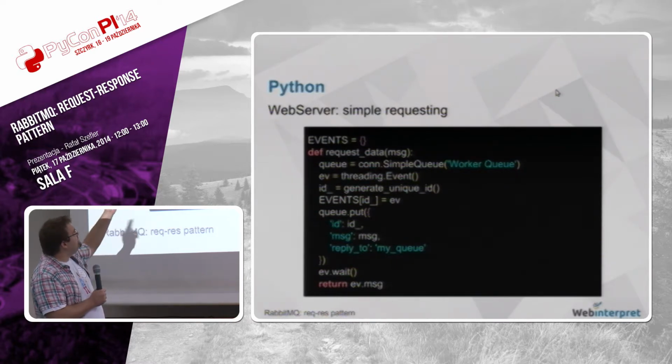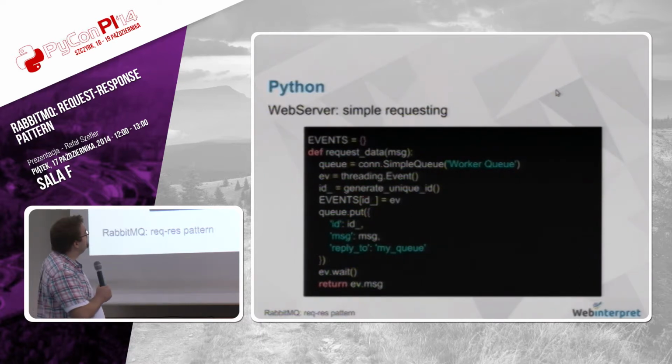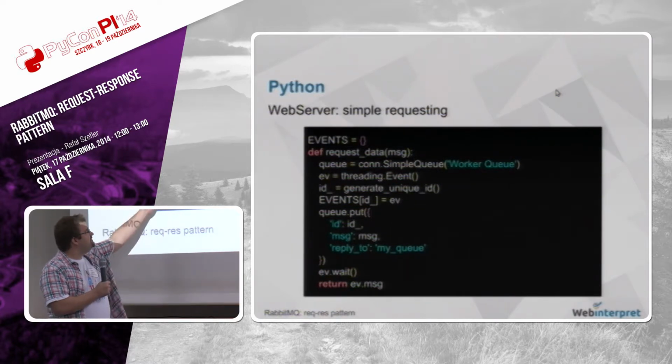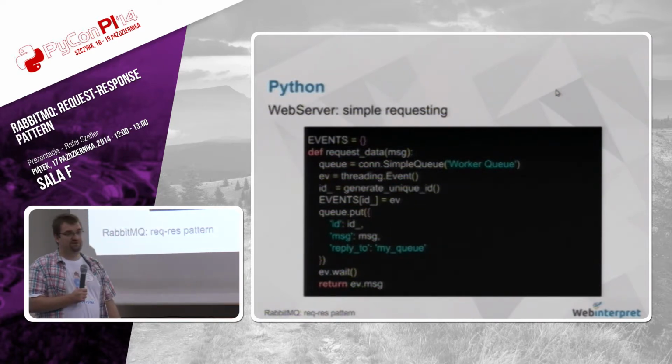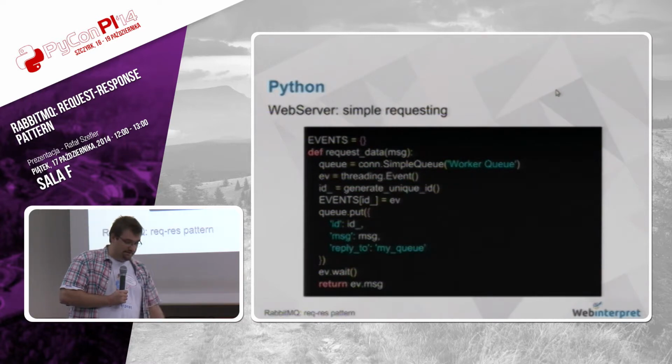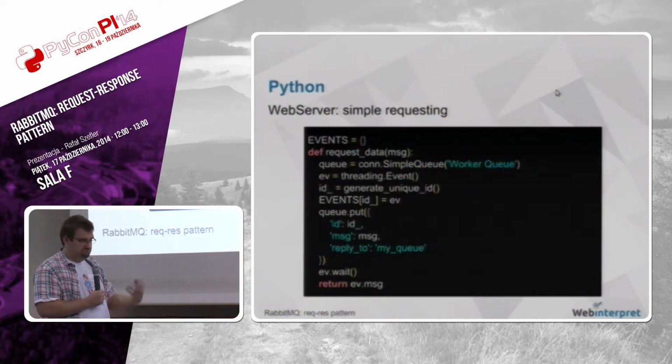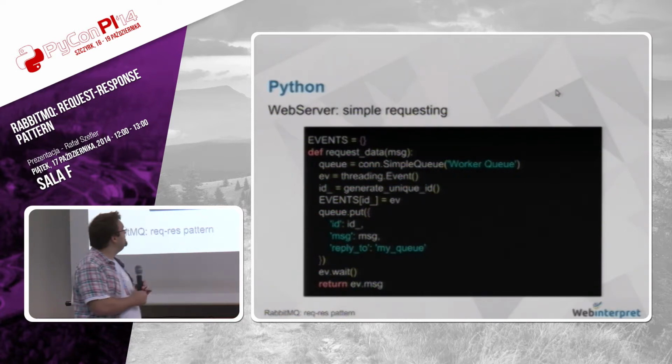We generate an ID, we put the event object into the events dictionary. We send our message, and here we wait for the response. It's going to be processed in a separate thread. This is a threaded version. And once the separate thread gets the response, it will tell this thread to wake up, to do the stuff.